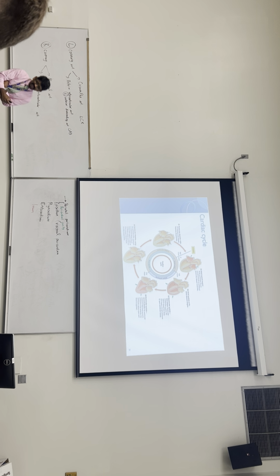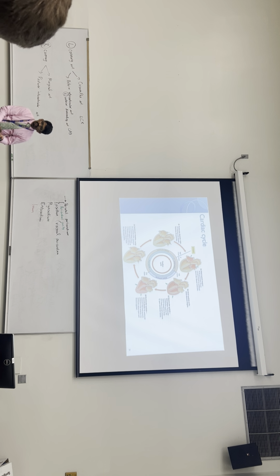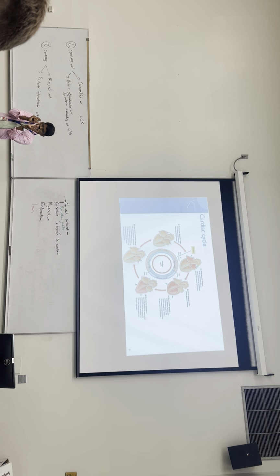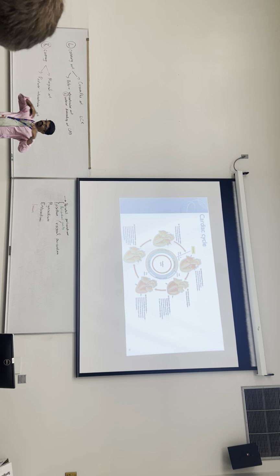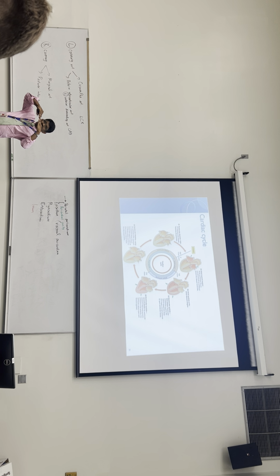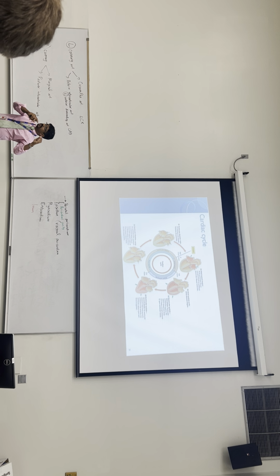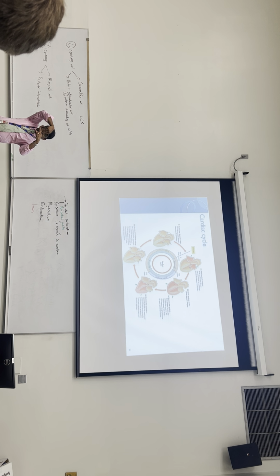So initially, when the ventricles build the pressure, you're going to have for a brief period, all 4 valves closed. We want the AV valves to be closed whenever the ventricle contracts. That's given, right? But the semilunar valves are closed because the pressure, for example, in the aorta is 70 millimeters of mercury.